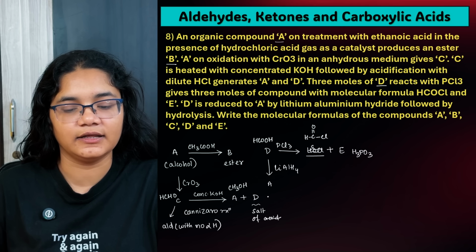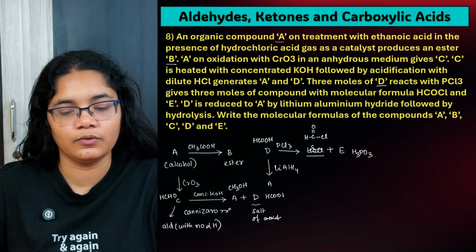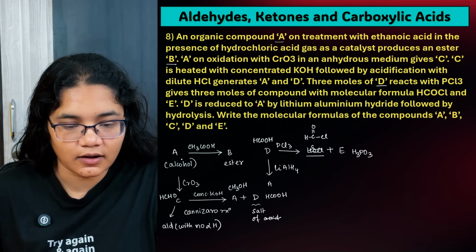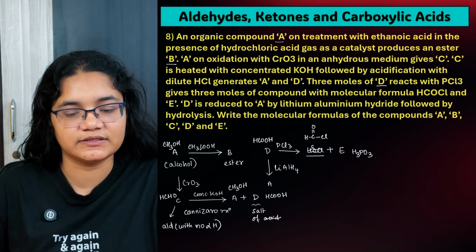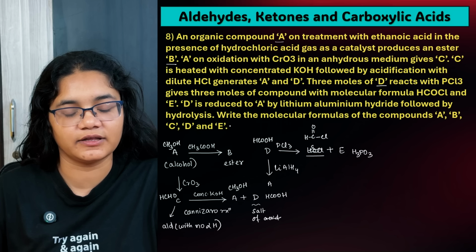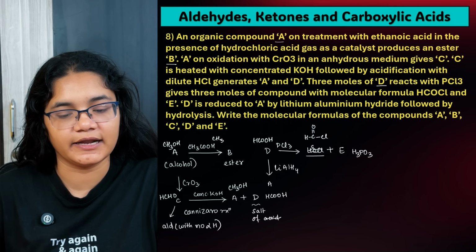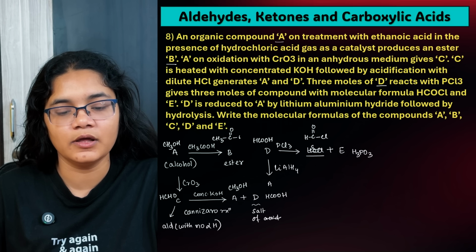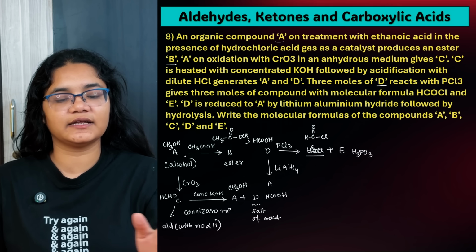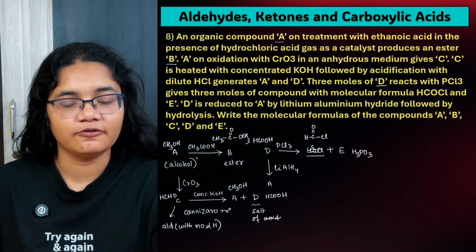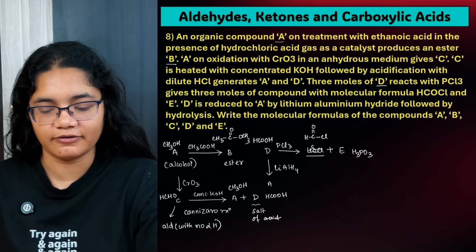Okay, and D is definitely HCOOH. Then if I treat CH3OH with CH3COOH, like for the esterification, you will get CH3, C double bond O, and then CH3 here. Okay, so these are the structures of A, B, C, D, E. 5 structures. If you find properly, you will get 5 marks.